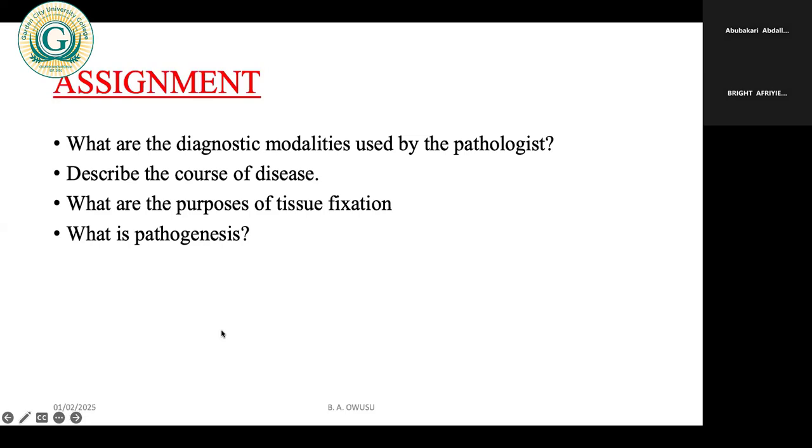So I have an assignment for you. I wanted you to see this. What are the diagnostic modalities used by the pathologist? Describe the cause of the disease. What are the purposes of tissue fixation? And then what is pathogenesis?